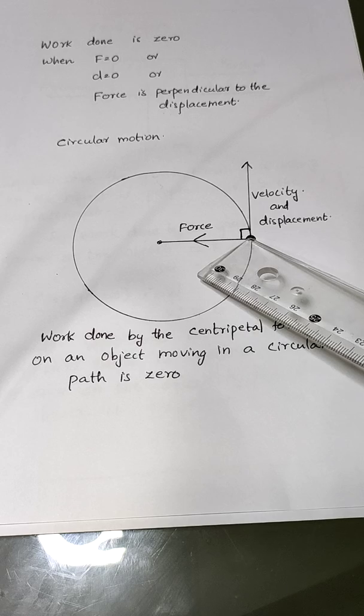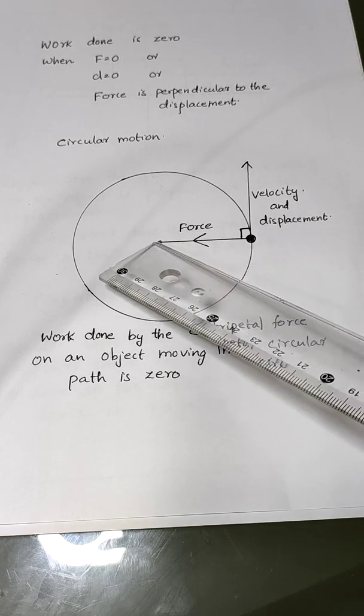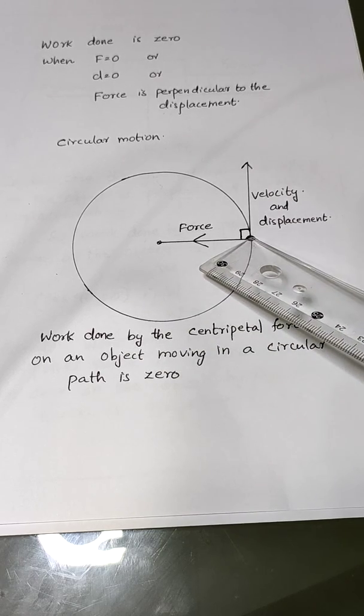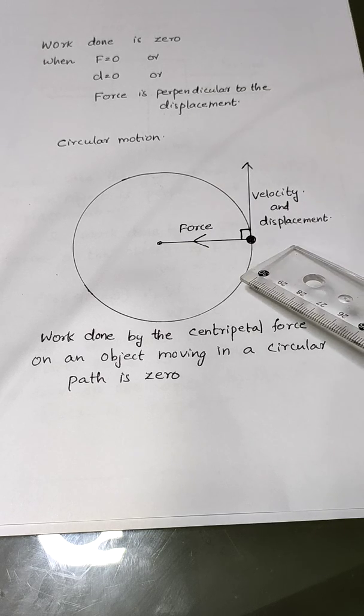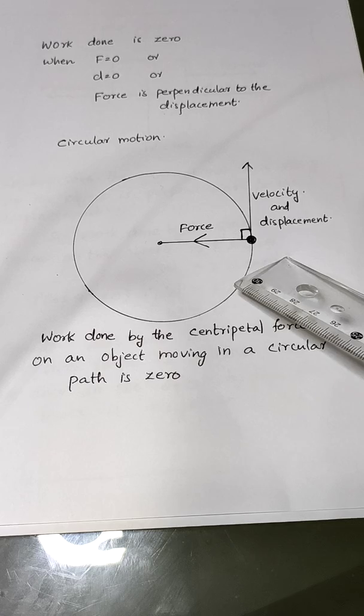You can see that in a circular motion, the centripetal force is always along the radius inwards, and the direction of velocity, linear velocity, and the displacement is tangential. Now the tangent is always perpendicular to the radius.